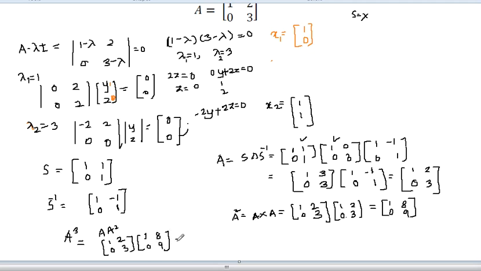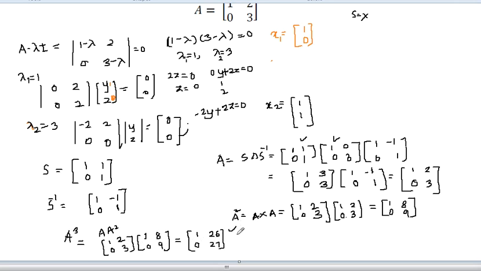When we multiply these two, it is again 1 into 1 and 2 into 0, it is 1, and 1 into 8 and 2 into 9, so 18 plus 8, 26. 1 into 1 and 3 into 0, again 0 into 1 and 3 into 0, 0, and this works out to be 0 into 8, 3 into 9, 27. So this is our A cube.